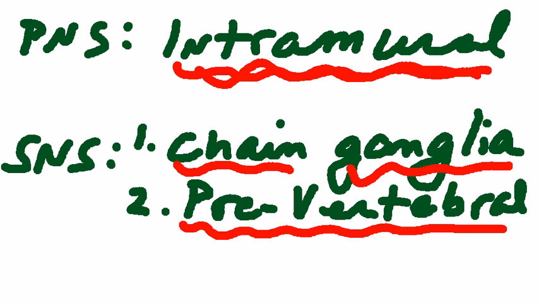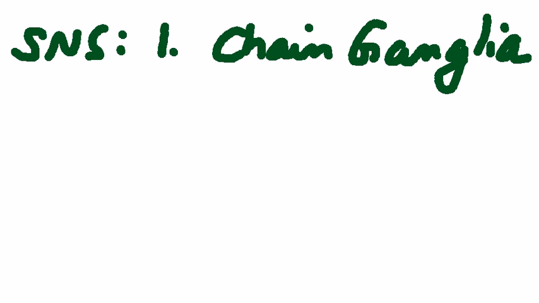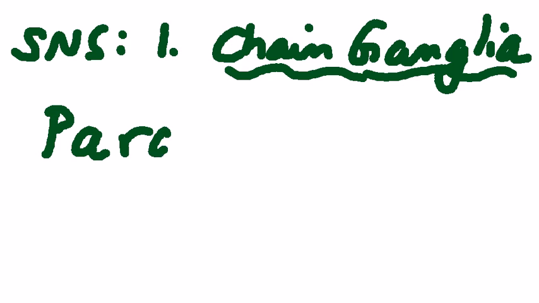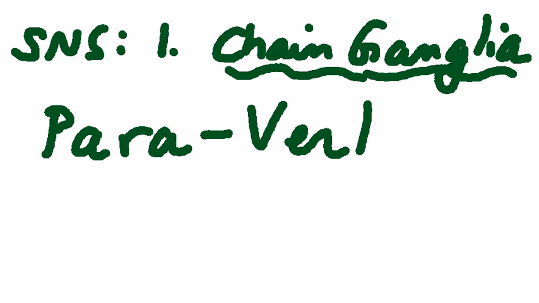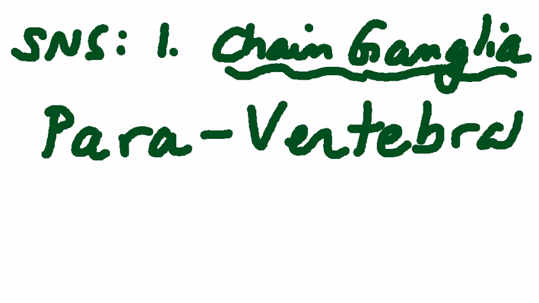Now, the terminology for the ganglia can be a little bit confusing because the sympathetic chain ganglia can also be called paravertebral ganglia. This term actually makes a lot of sense because para means alongside, like a paralegal is someone who works alongside a lawyer.